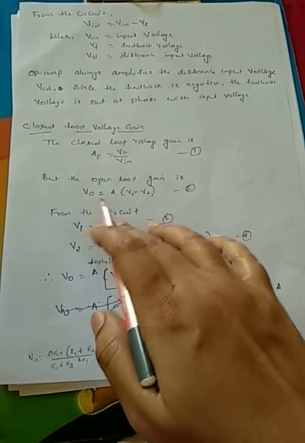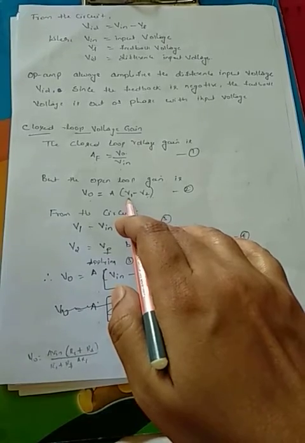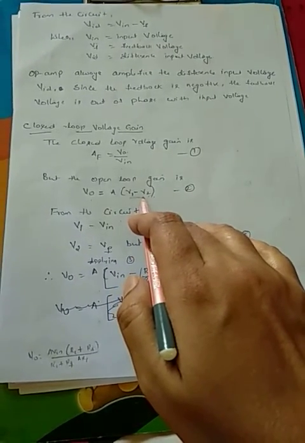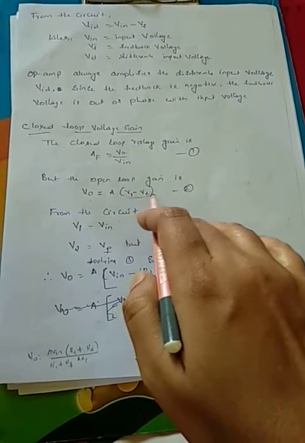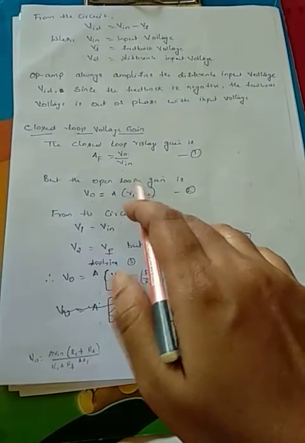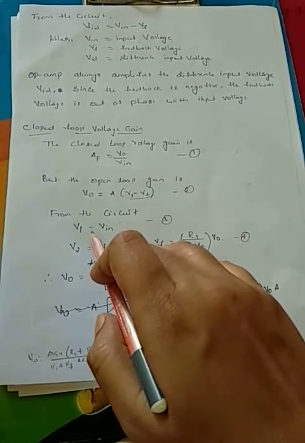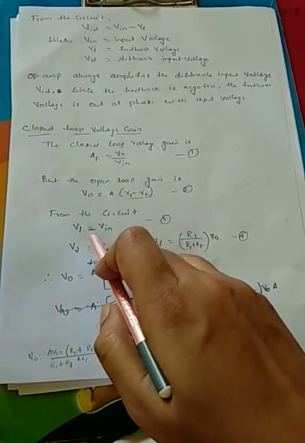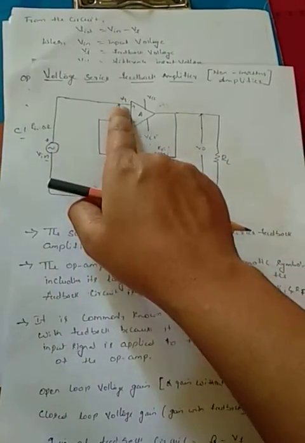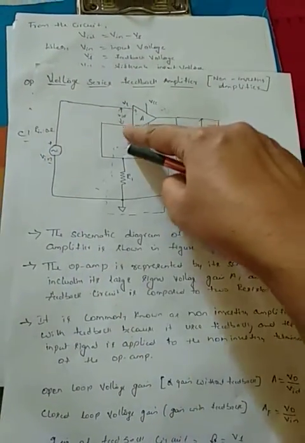So from the circuit we have already seen, V1 is equal to Vin, V2 is equal to Vf.